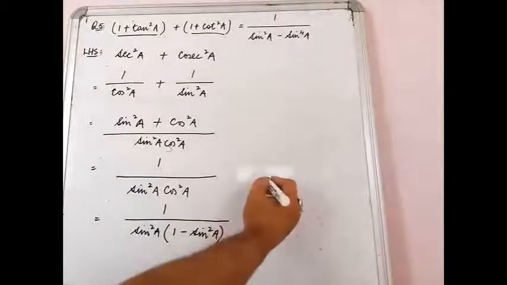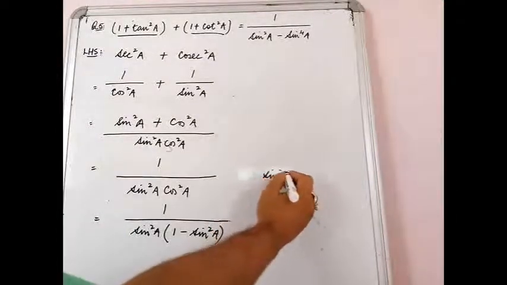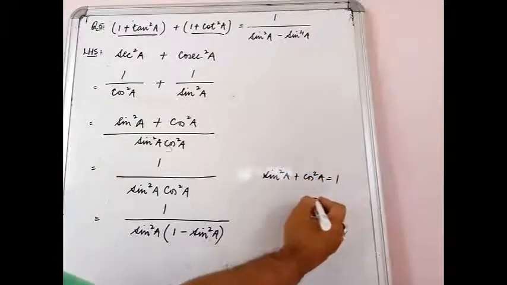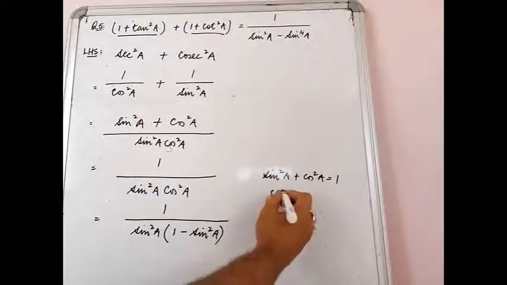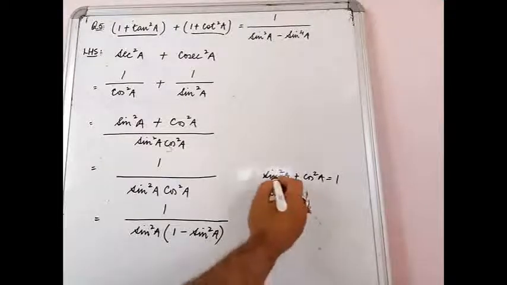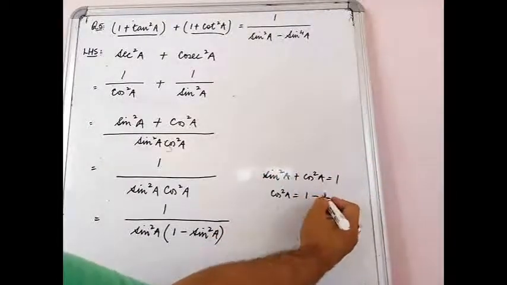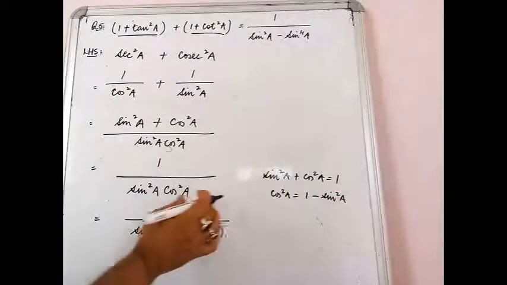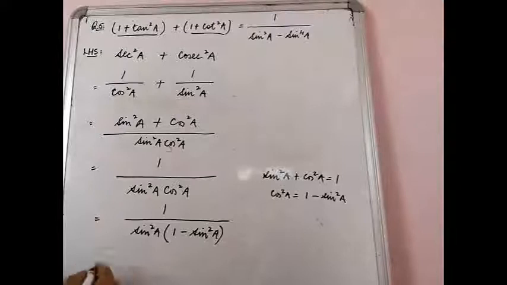Again, the identity that I have used is sine square A plus cos square A, we know it is 1. Therefore, cos square A can be written as, this sine square A will be taken to the right hand side. So in place of cos square A, I can write 1 minus sine square A. Now you will realize the reason why I have done this conversion is because now I only have sine present everywhere.